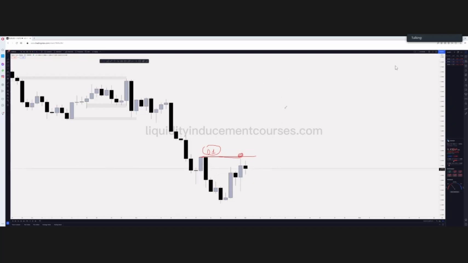If you have a daily liquidity grab, never expect a 4-hour efficiency to hold it. Price will more than likely take out this efficiency here before it continues again, because if it wants to continue bullish, it is more than likely going to take this.